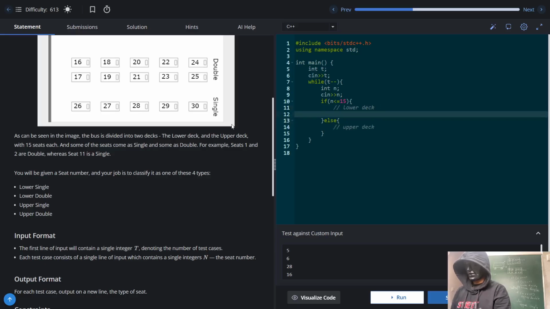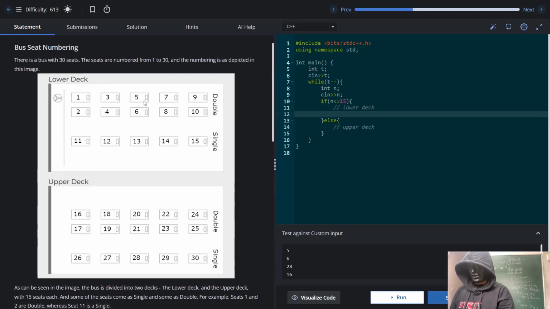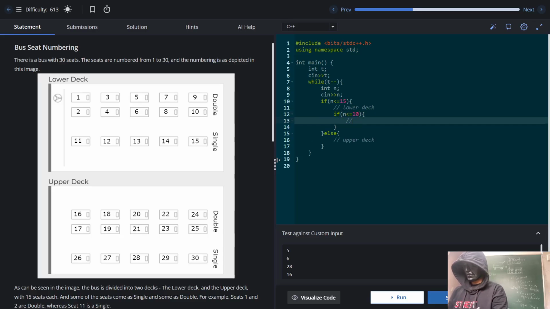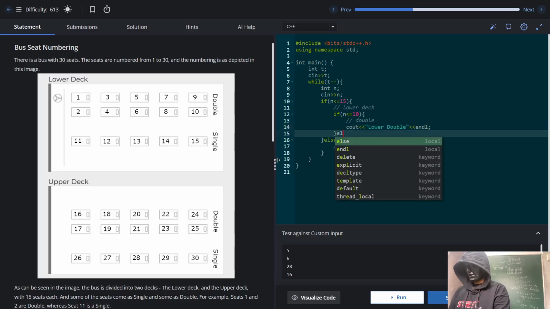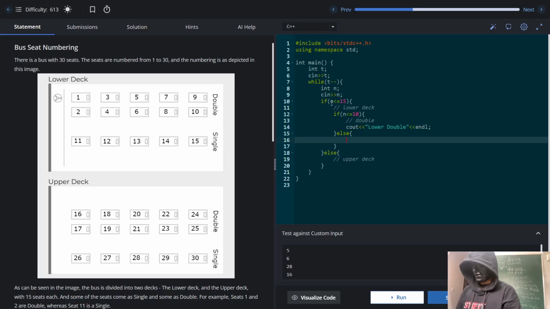Now again you will have to consider in the lower deck also, 1 to 10 is reserved for doubles. So if n is lesser than or equal to 10, which means it is double, you'll have to print lower double. Else, if n is lesser than or equal to 15, that is true, but it does not lie in the range from 1 to 10, so it is single.